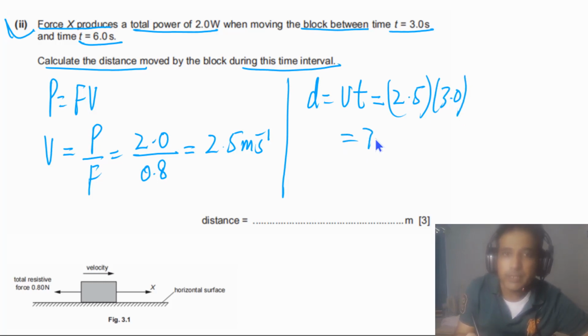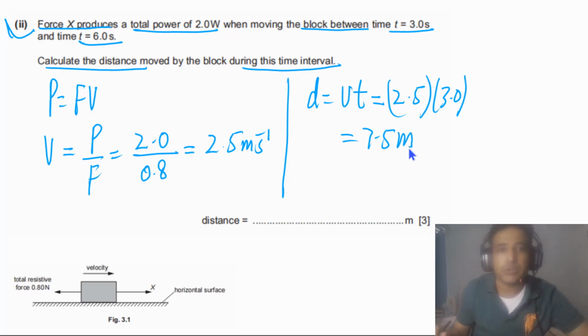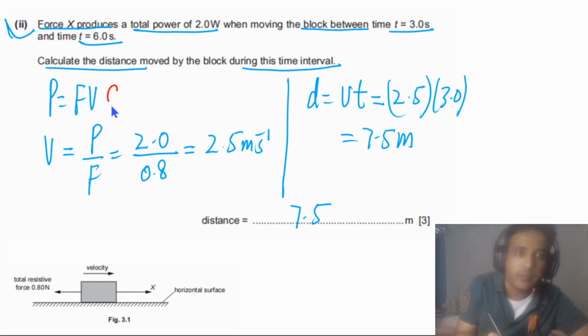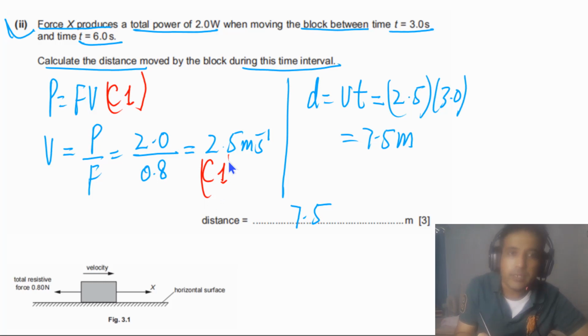So the final answer is 7.5 meters. This question has 3 marks. The first C1 mark is for writing this formula, the second C1 mark is for calculating the value of V, and the final mark is the answer mark.